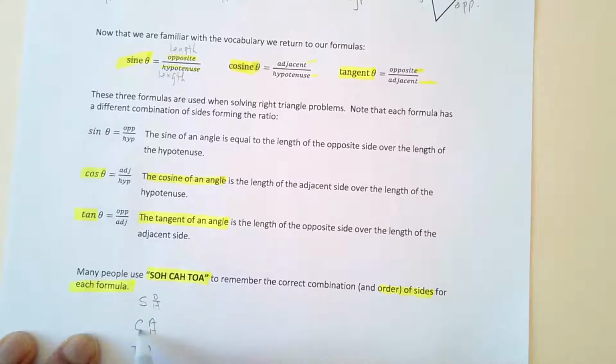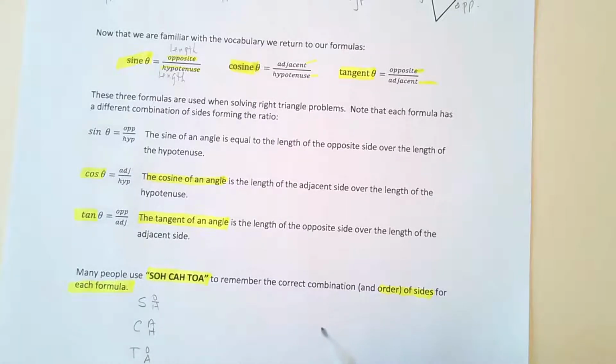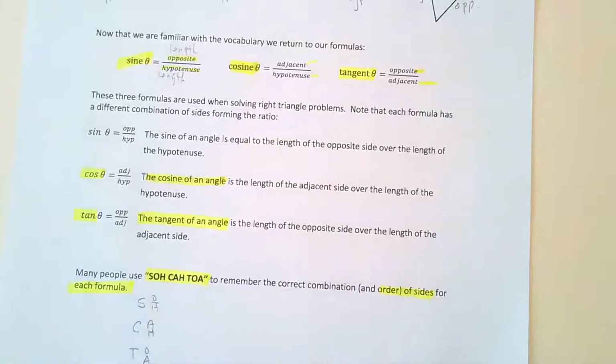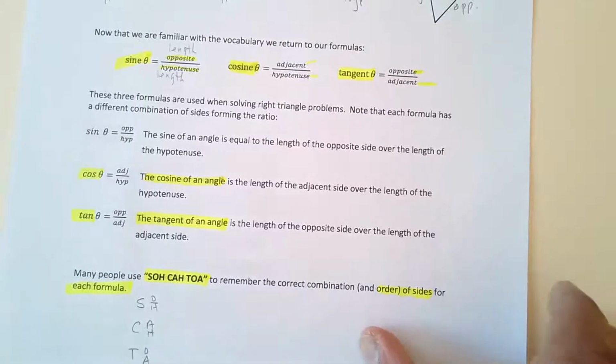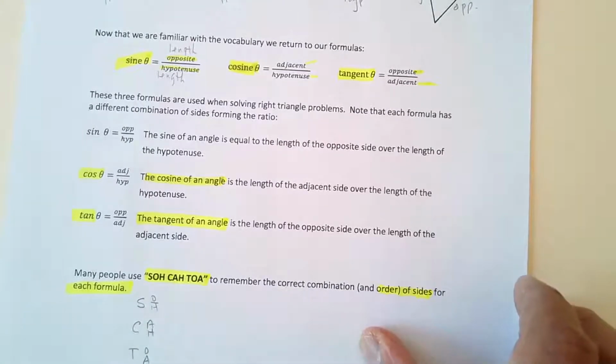The cosine of an angle is adjacent over hypotenuse, and the tangent of an angle is opposite over adjacent. These three trig ratios we'll be using to find a missing side length when we know one angle and one side. So let's look at two examples on the next page, page 8.